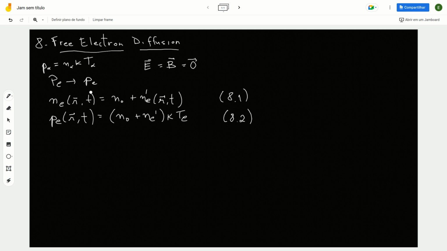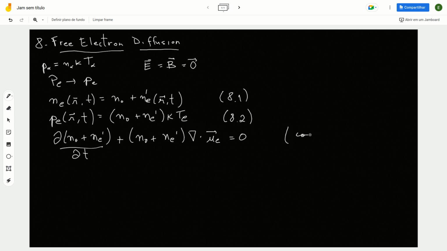Now consider the continuity equation for electrons. We have the derivative of density with time plus density times the divergence of U, this continuity equation.